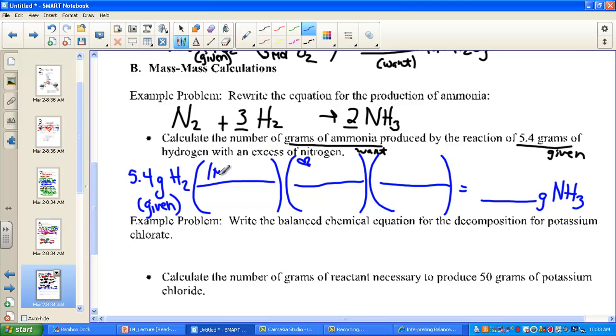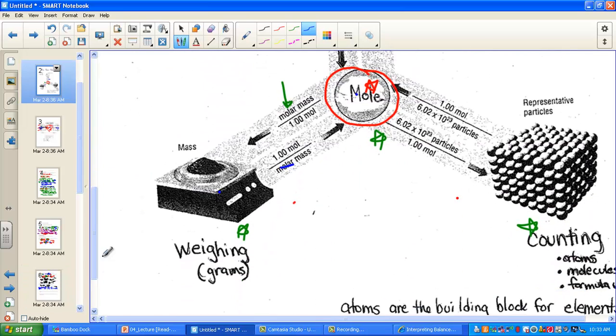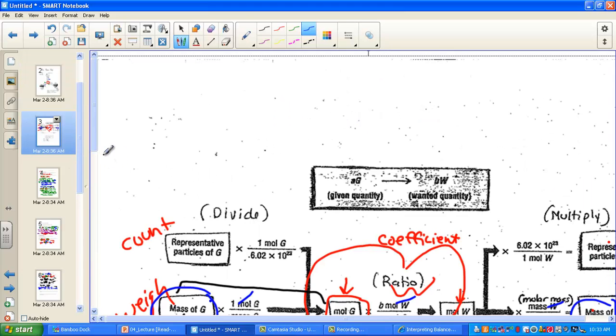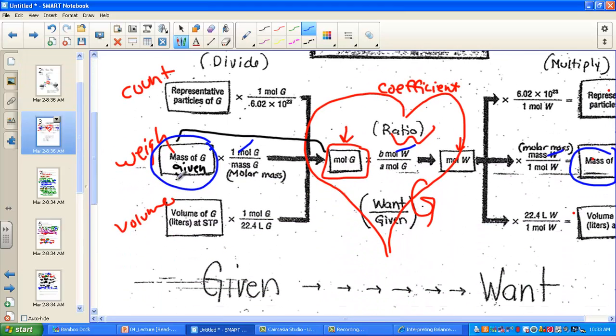Step 1, we want to exchange hydrogen grams into moles. Remember how we do that? A couple of visuals. If I'm at the mass scale, I want to go into the mole, I divide by molar mass. 1 mole set over the molar mass. Stoichiometry roadmap.